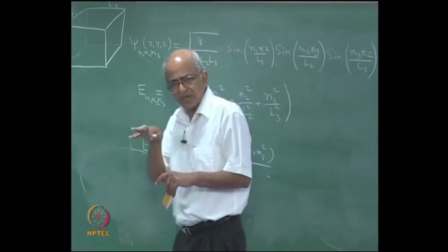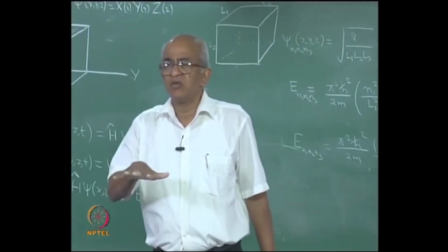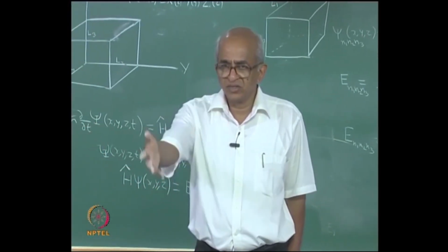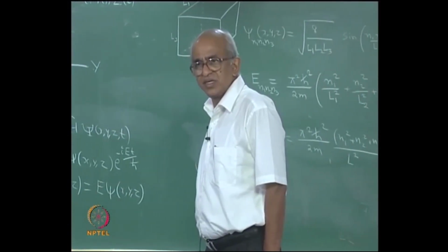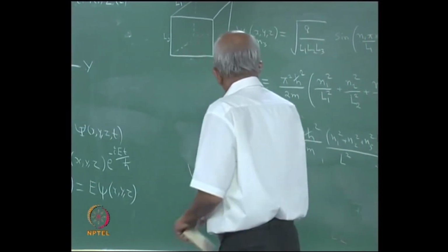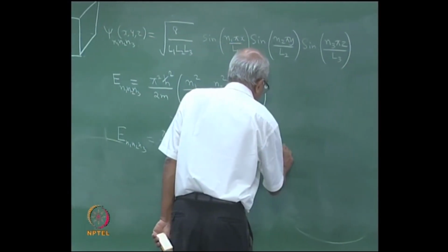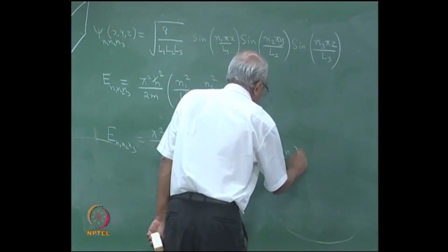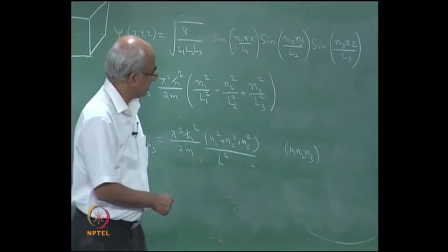So, in fact, any particular state of the system may be specified by specifying the values of these 3 quantum numbers. If you give me these 3 quantum numbers, then I can tell you what the wave function is, I can also tell you how much the energy is. So, what I will do is I will write these 3 numbers within a bracket N1, N2, N3, and that specifies in which state the system is or the particle is.